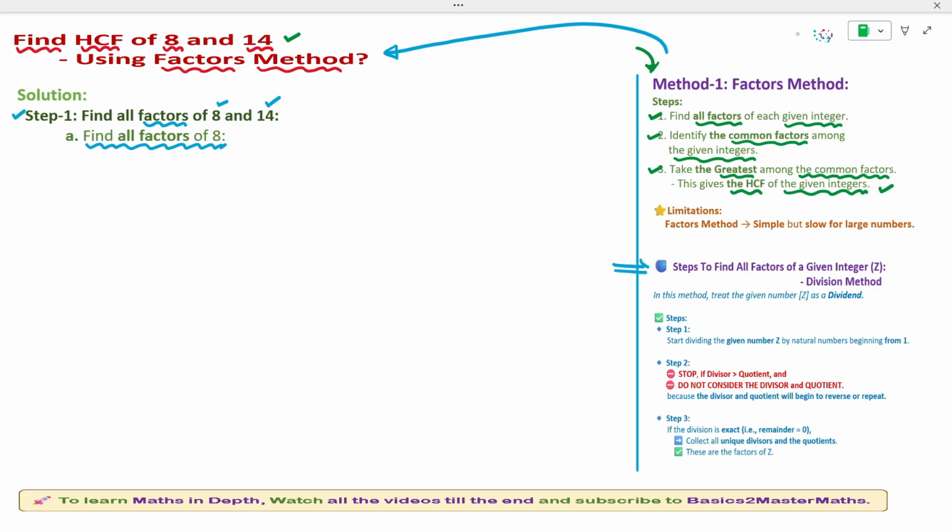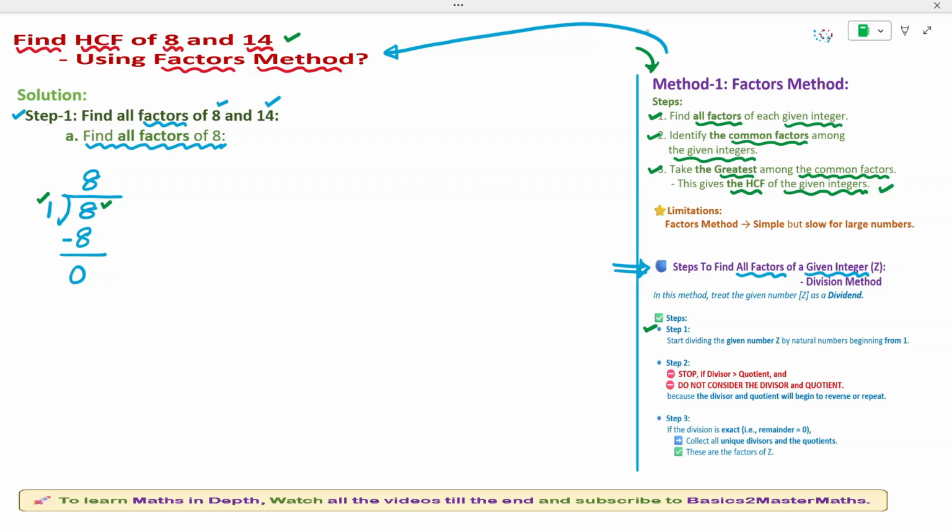Please go through the steps to find all factors of a given integer. Step 1. Start dividing 8 by the natural numbers beginning from 1.